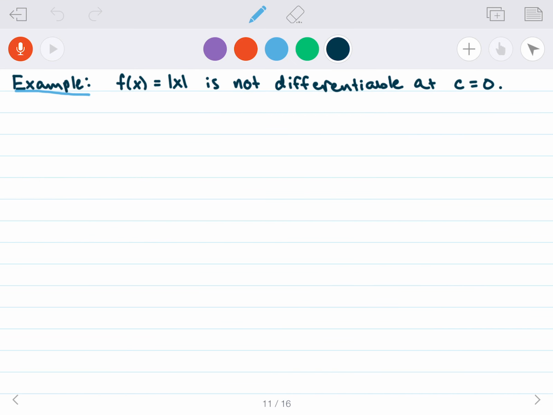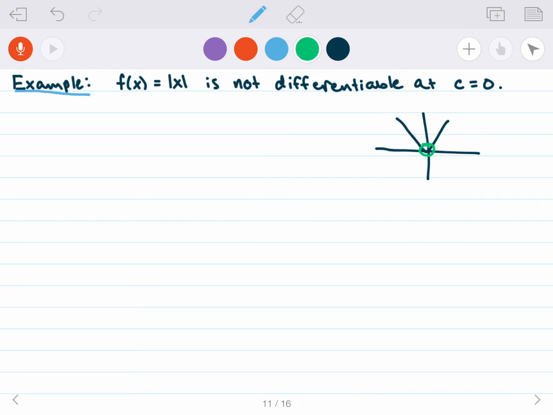Okay, and so as I mentioned, the converse doesn't hold. So being continuous doesn't imply differentiability. And we can see this with the absolute value function. As I said, this guy just has this sharp corner here. And so the idea is like the slope here is not well defined, right?